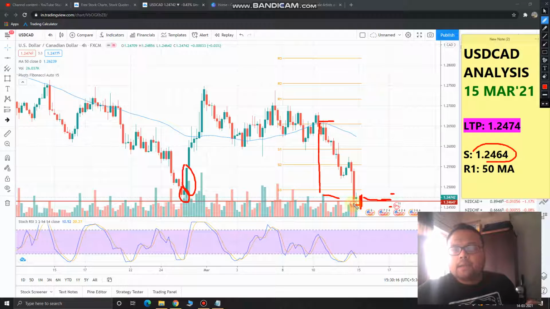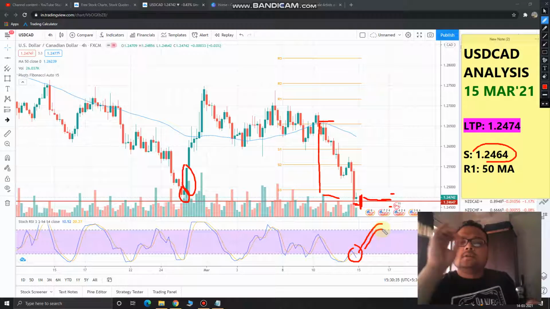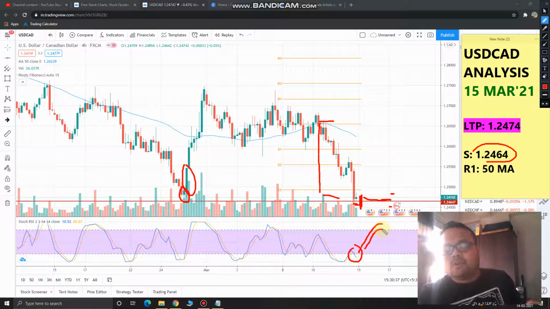In case the market opens below this line tomorrow, then wait for stochastic RSI to go up to the overbought zone. When stochastic RSI is in the overbought zone, just check the position of the price.